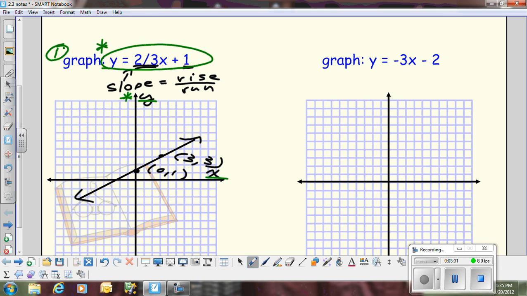Label the y-intercept. In this case, it's the point 0, 1. That's 1 point. Label your second point. Now, that one may be different depending on which direction you count for some people, but that second point needs to be labeled. The third point is that you draw your line, including the arrows on the end. So each one is going to be worth 5 points.